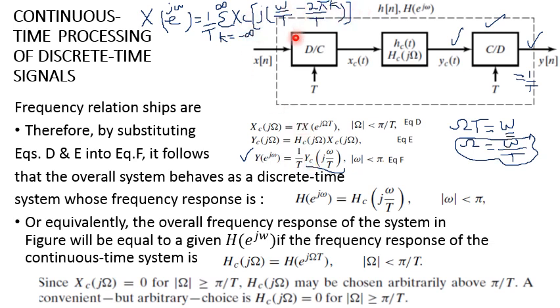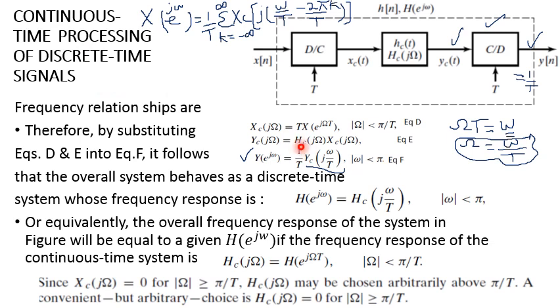We only keep ω/T, and this is your scaling factor. I hope this gives you an idea. So that's your Y(e^{jω}), the signal you obtained after converting the continuous time into discrete time. That's the signal you get here.